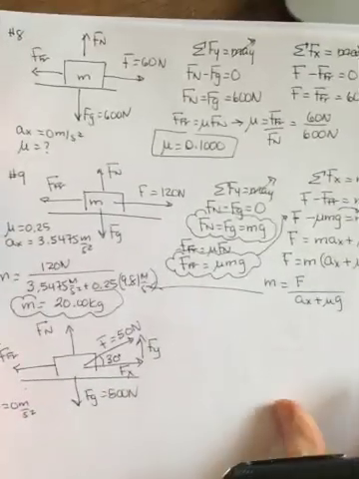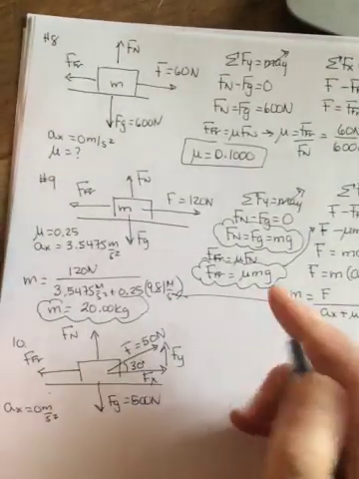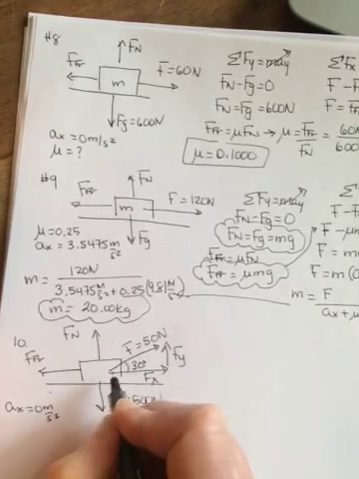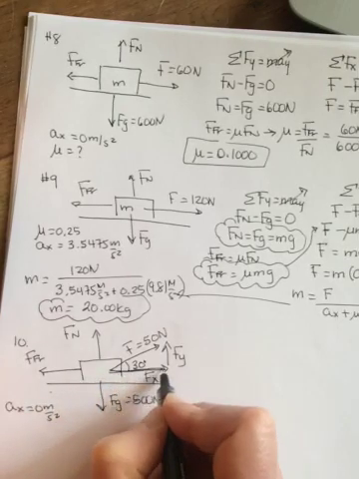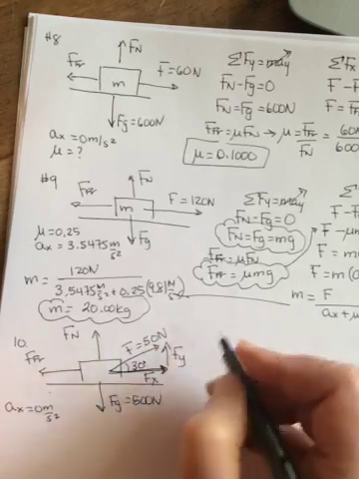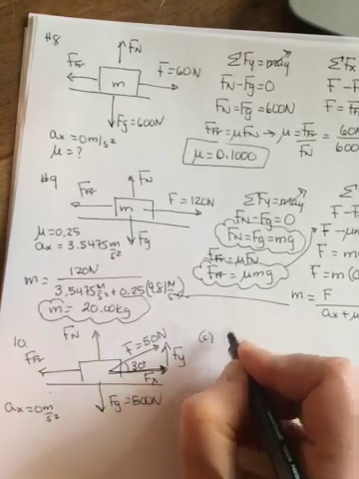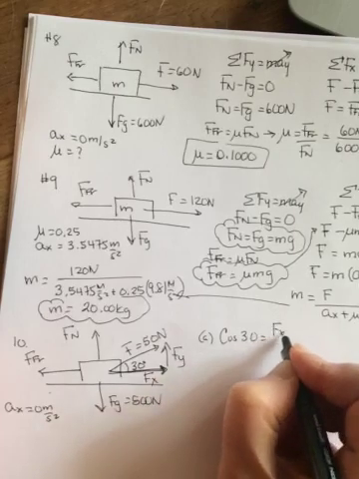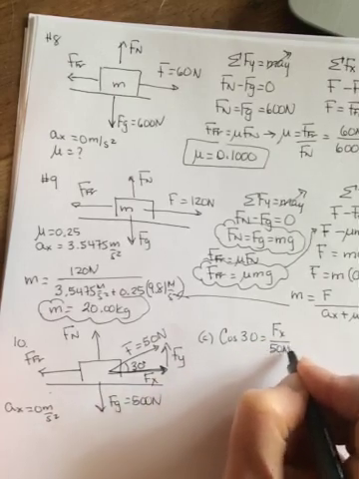Okay, so in this one we've broken it up into steps for you to try to make it easier. So the first step is, what is the force that's actually pulling the box along the floor? In other words, it's asking you for what's the x component of this force, F_x. If you look at it, it's cosine. So cosine of 30 is equal to F_x over 50 newtons.